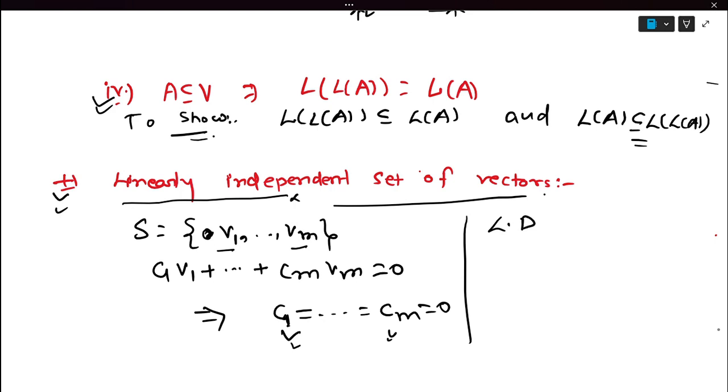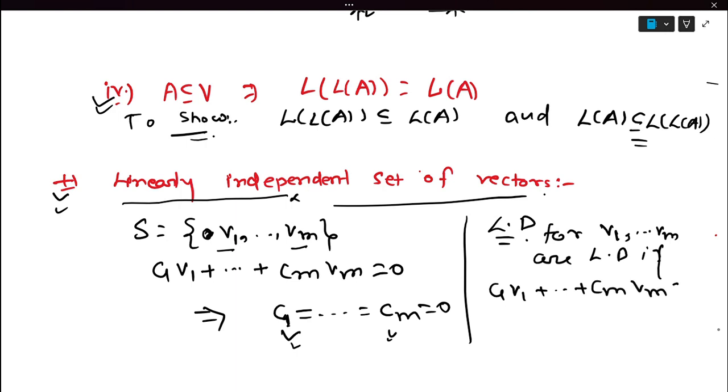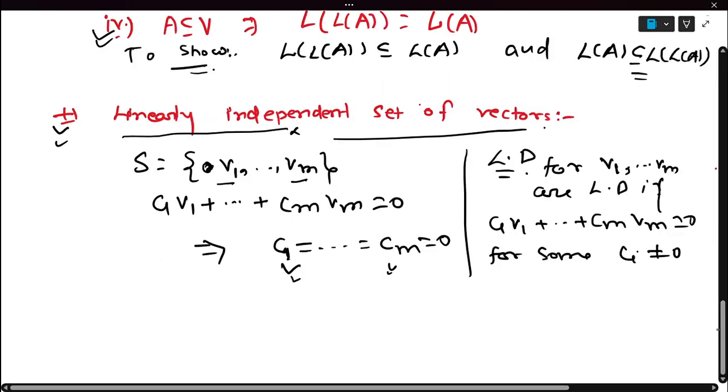Okay, so what will be the linearly dependent vectors? v1 up to vm are linearly dependent if c1 v1 plus dot dot cm vm is 0 for some ci non-zero.